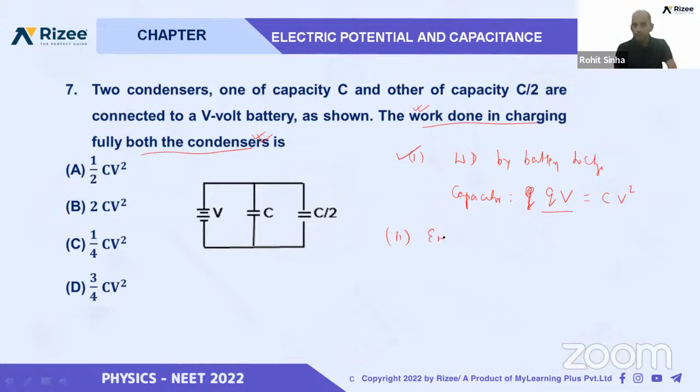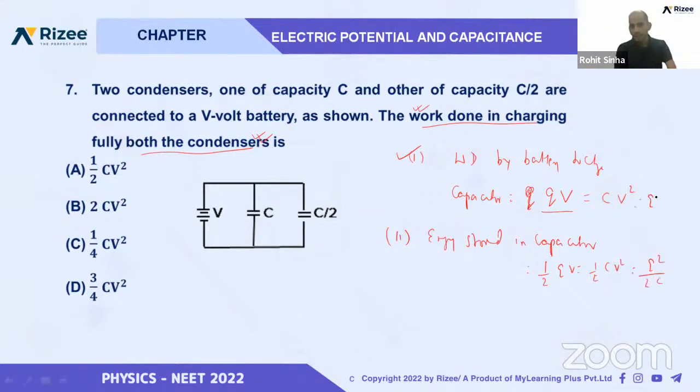Also, energy stored in a capacitor is half of QV, equal to half of CV square, or you can write Q square by 2C.